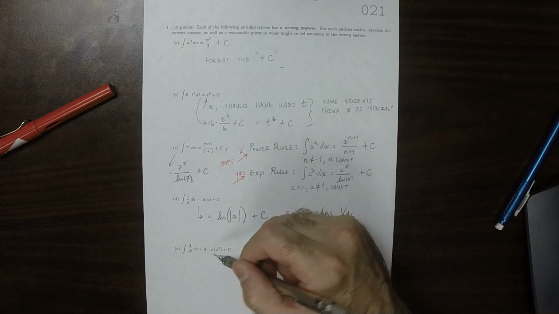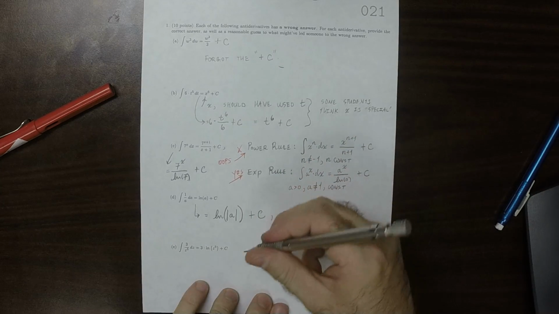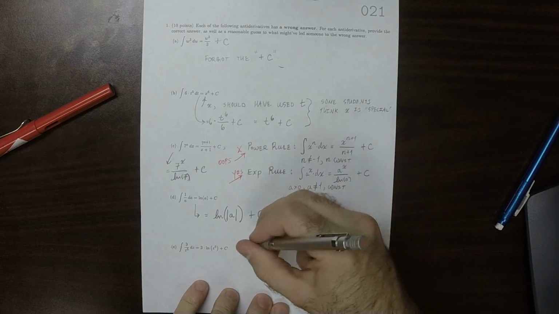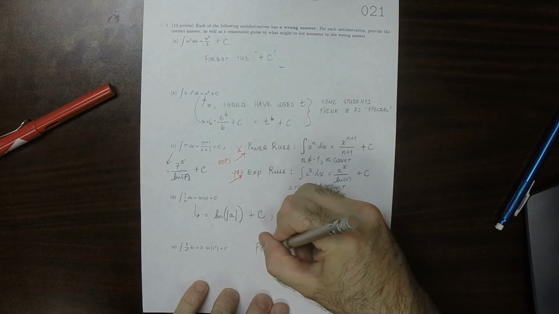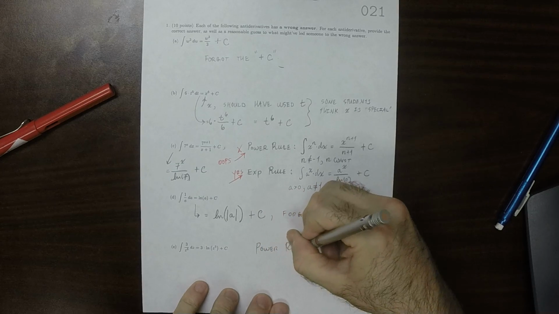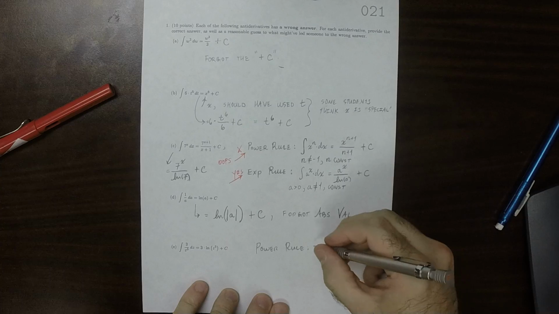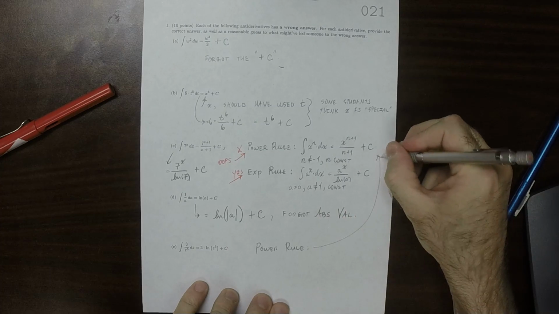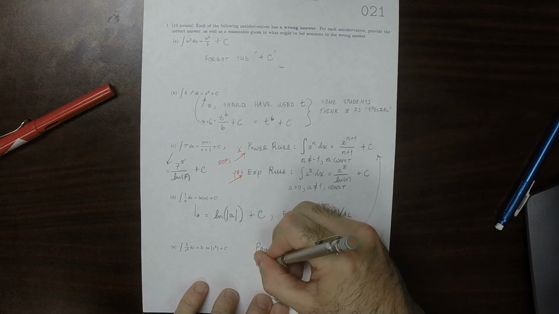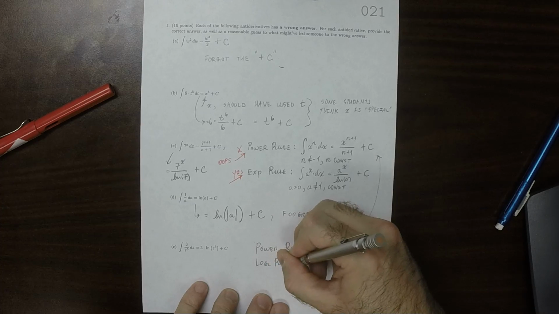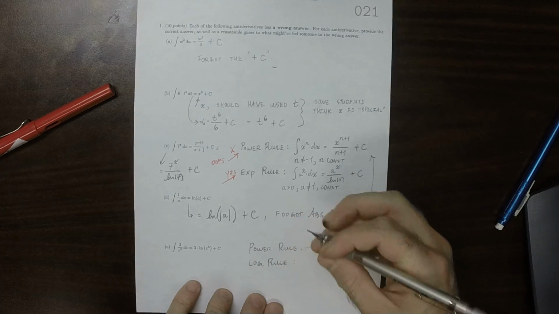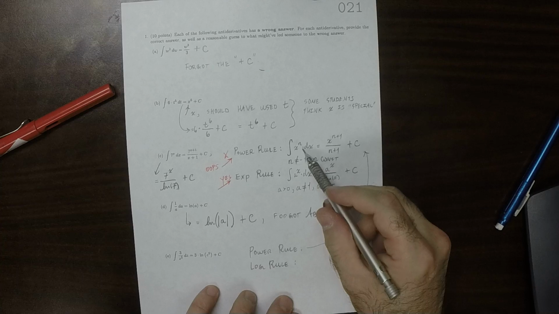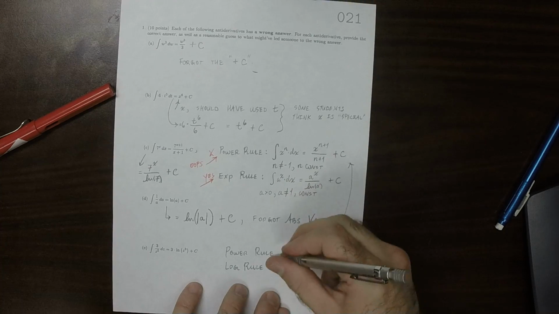For this one, again, there's two rules. The power rule, which is written right there, and then there's the logarithm rule. The log rule, so notice that the power rule doesn't work when the exponent is -1.